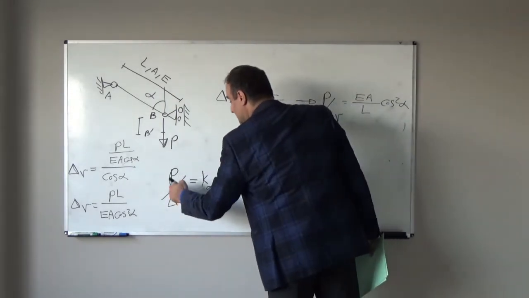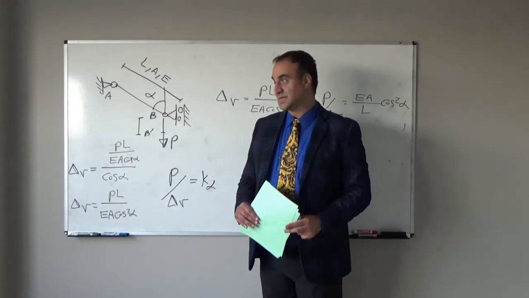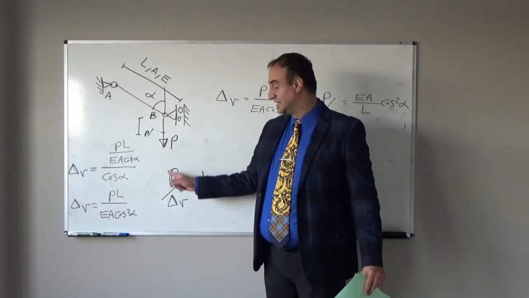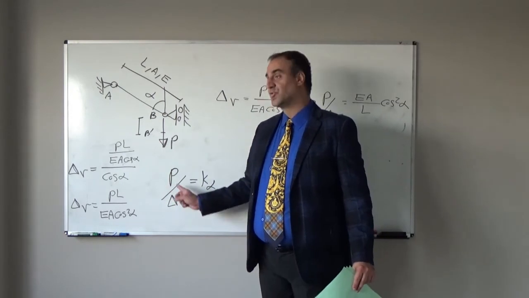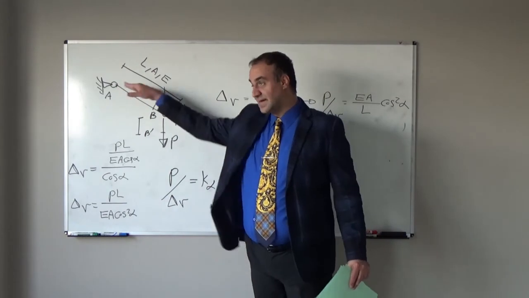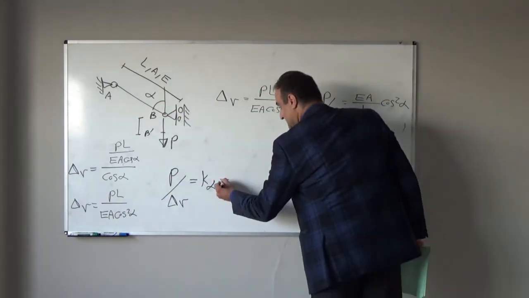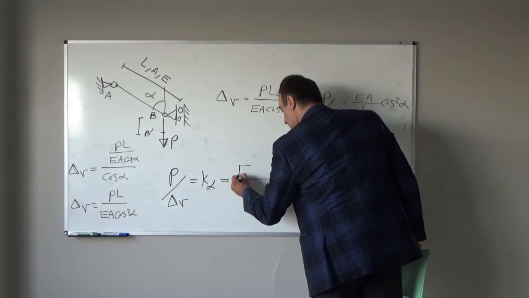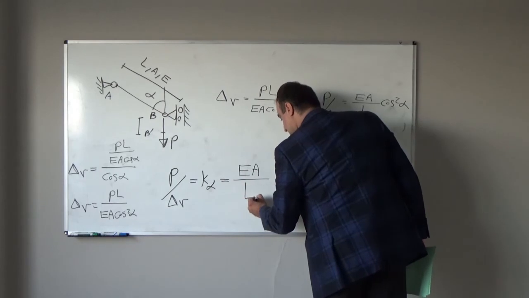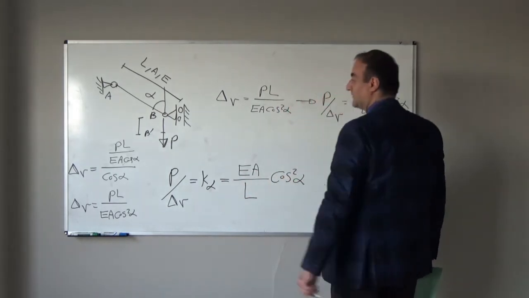Force divided by deformation will give us stiffness. Force here in vertical direction divided by deformation in vertical direction will give us the stiffness of this member in vertical direction. So stiffness of this member in vertical direction always is equal to EA divided by L cosine square alpha.